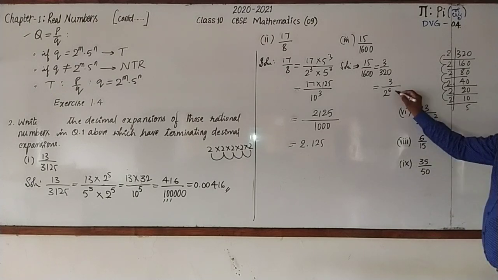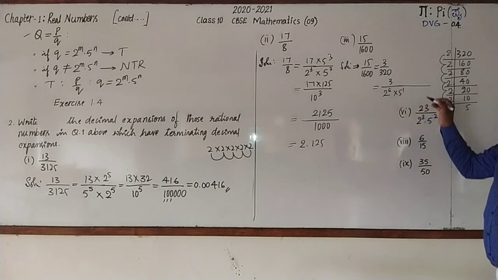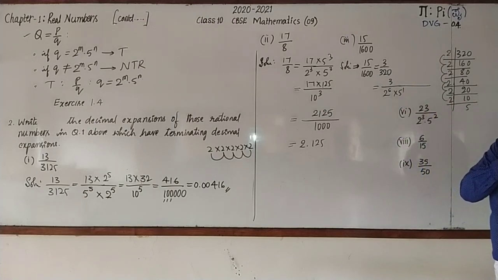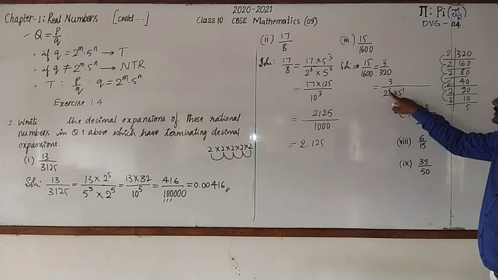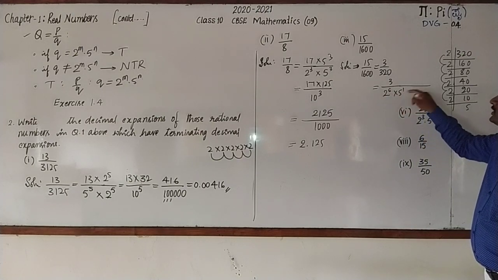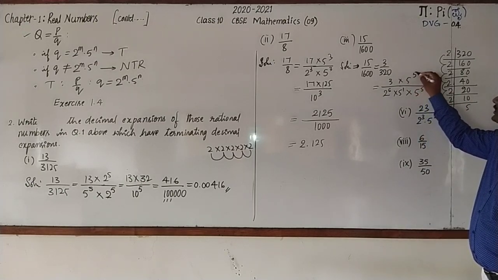Here 5 just one time only. But as I told you, in the prime factorization of the denominator there must be 2 and 5, and their powers should also be the same. Here 6 is there and here 1 is there. So how much should I write? 5 raised to the power 5, into 5 raised to the power 5.